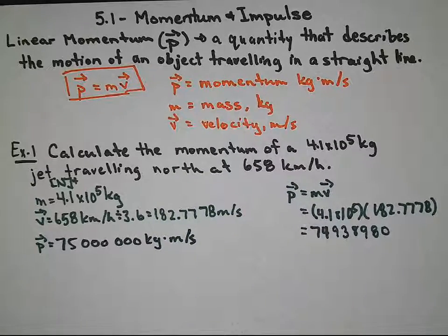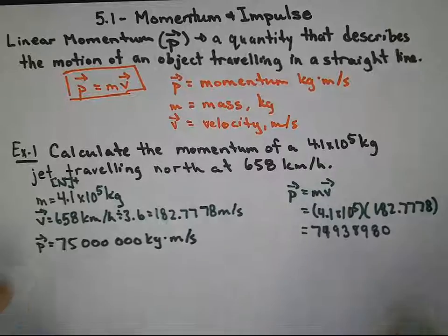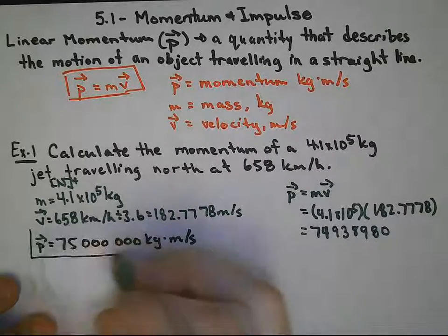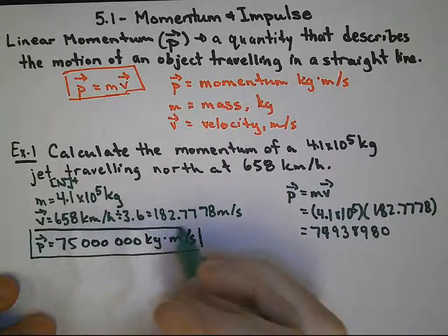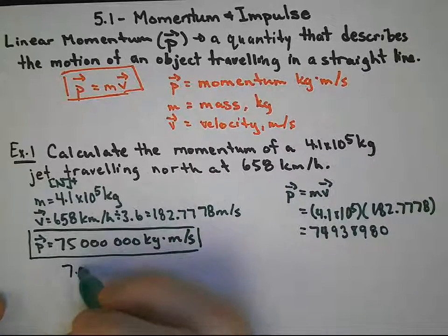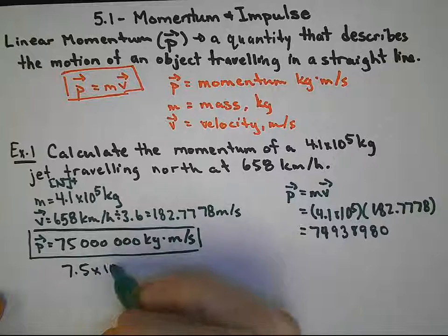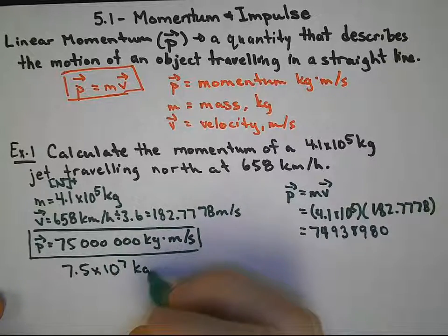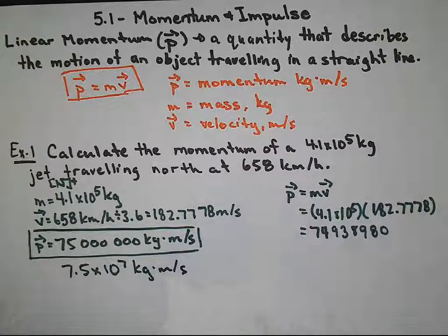If you want to convert this into scientific notation, you are more than welcome. It's a little bit easier sometimes to read scientific notation. In this case, that would be 7.5 times 10 to the 7 kilogram meters per second. And both of those answers are acceptable.